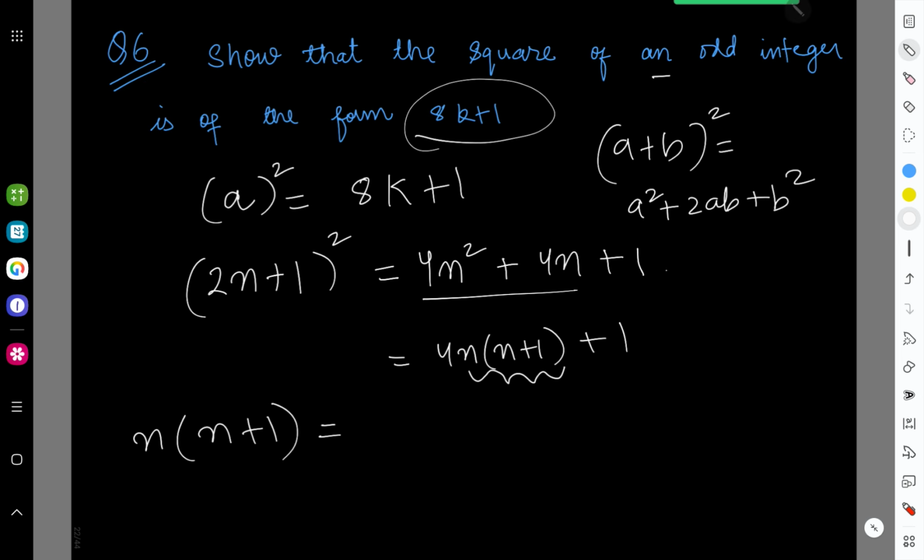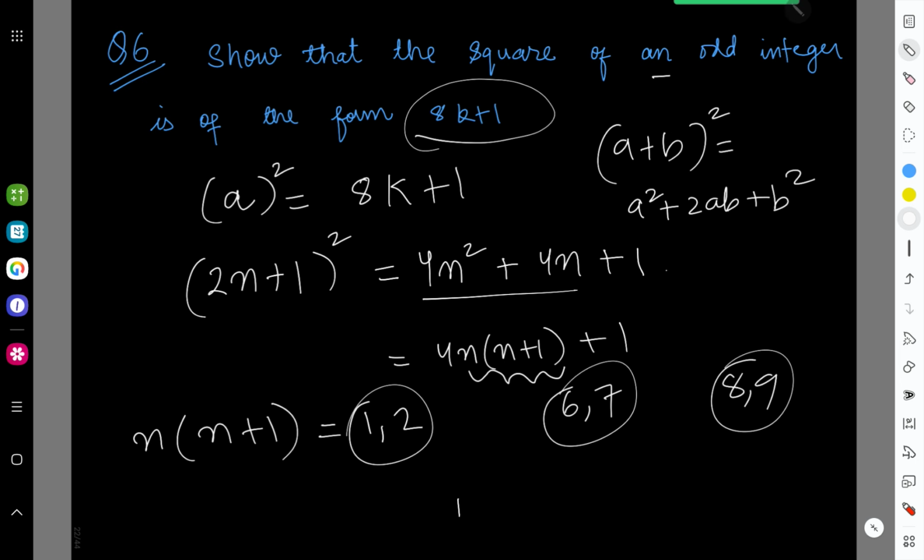Let me show you with an example. Let's say our two consecutive integers are 1 and 2, or 6 and 7, 8 and 9, 10 and 11, 99 and 100.